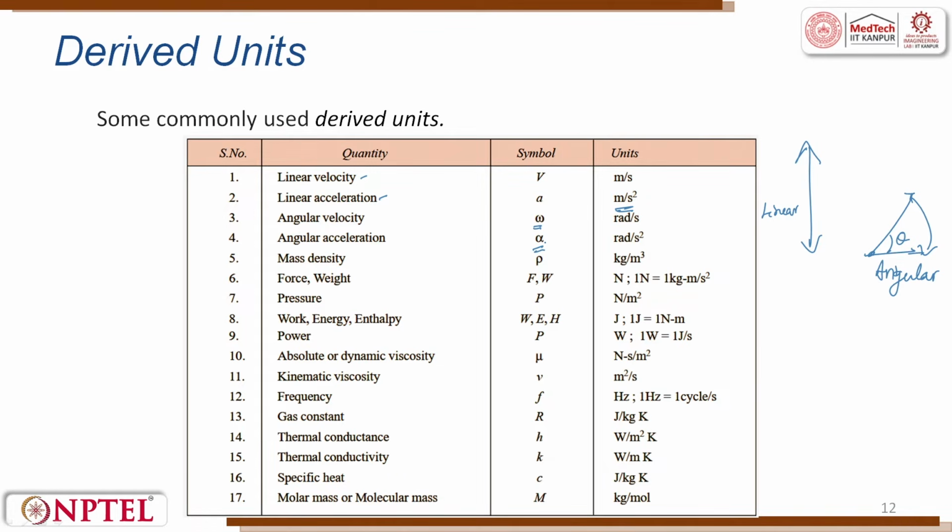So, the next one is density. Why is density very important? You can see sometimes a truck will be fully loaded with straw, paddy straw, and if you measure the weight, it will be very, very less. But if you look at the volume it occupies, it is too large. Vice versa, if you take a lead bar, it will be too small, but the weight is very, very high, the volume is too small.